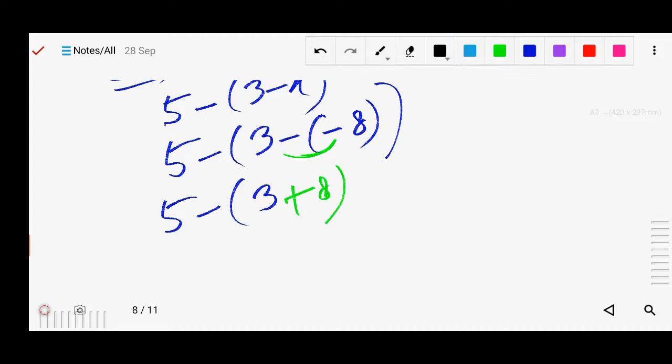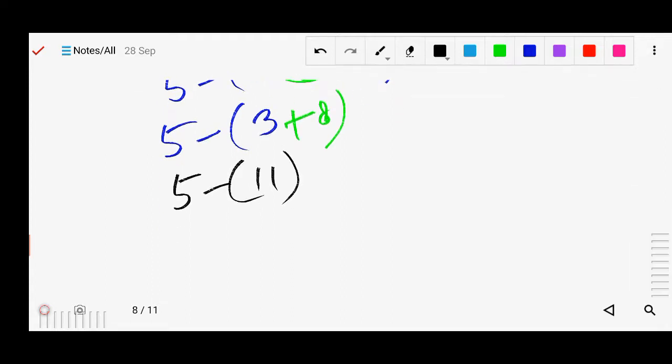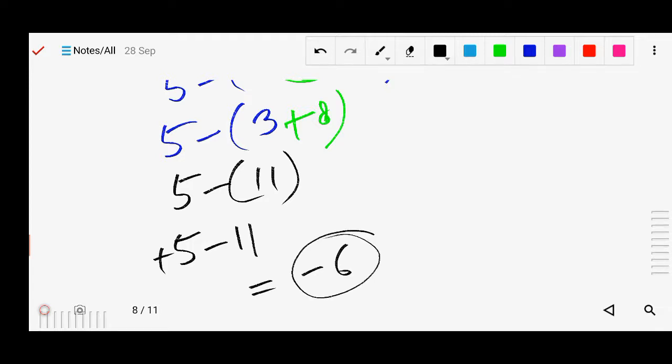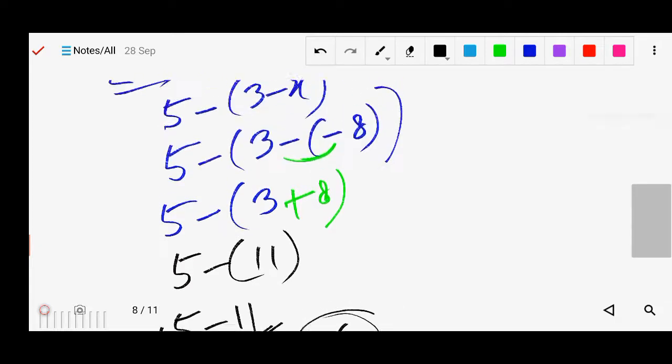Next, 3 plus 8 is 11. Now 5 minus 11 will be minus 6, because the bigger number is 11, so there is the minus sign, so minus 6.